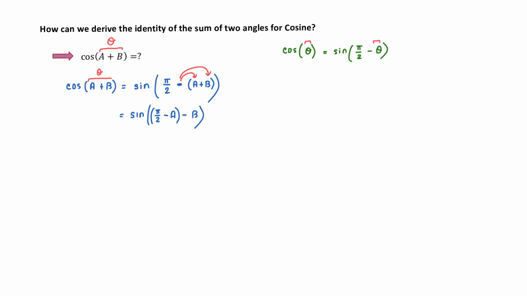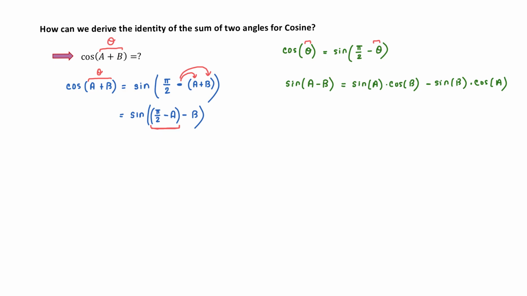And now, practically, I want you to think of this entire difference as another angle. And now we're going to go ahead and apply the identity for the sine of the difference of two angles. You remember that sine of A minus B is equal to the sine of A times the cosine of B minus the sine of B times the cosine of A. So I'm going to be applying that entire identity.